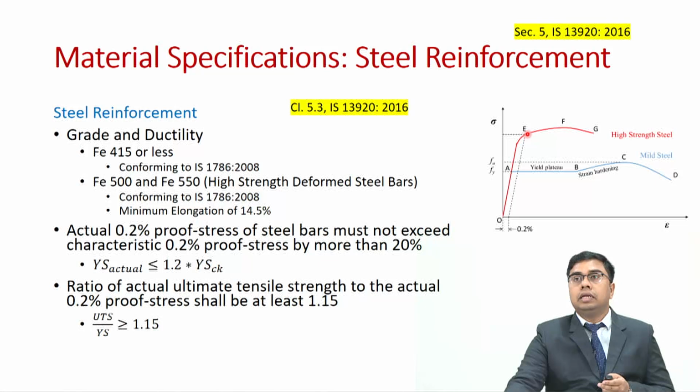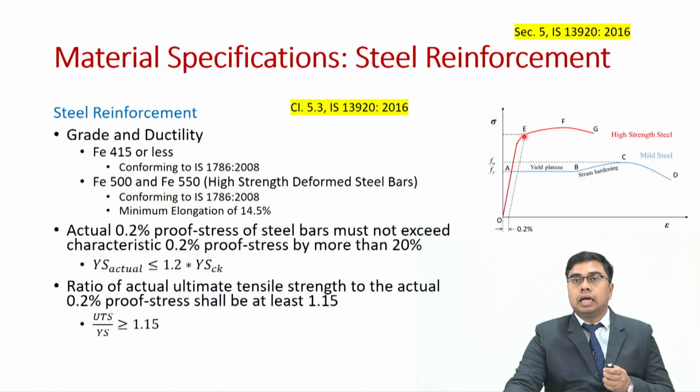That line, when it intersects the stress strain curve, at that point whatever you find the value of stress, that is your 0.2% proof stress, which is also considered as yield strength of steel in that case. And then the characteristic 0.2% proof stress represents the value of proof stress which is at least satisfied by 95% of the samples.